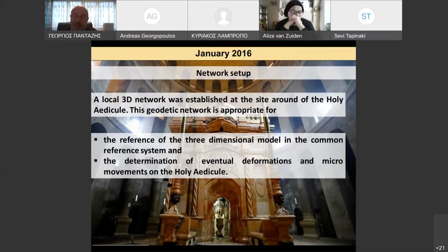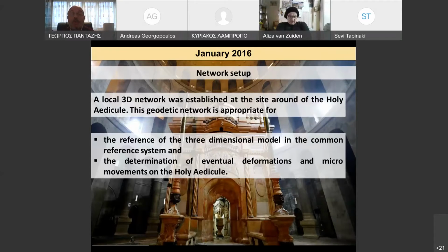These data were georeferenced to an already existing local plane projection reference system from the previous works of 1993-1999. For this purpose, a local 3D network was established at the site around the Holy Edicula.